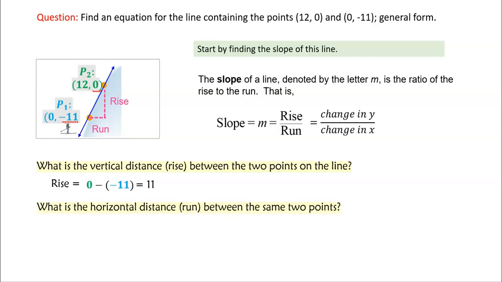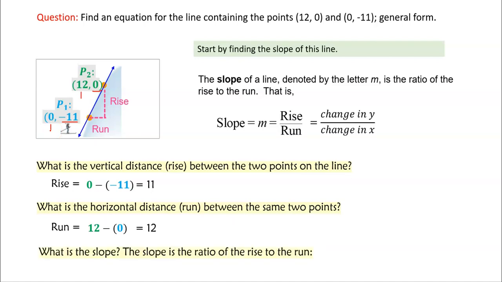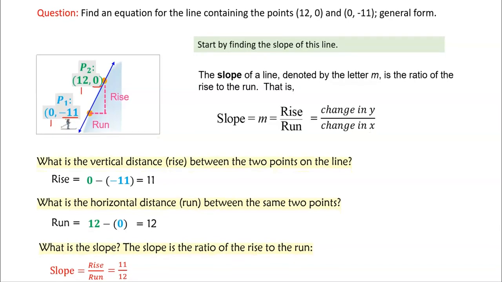The horizontal distance, run, between the 2 points is the difference between the x coordinates, which are 12 and 0. So it is 12 minus 0, which is 12. And the slope is rise over run, which is 11 over 12.